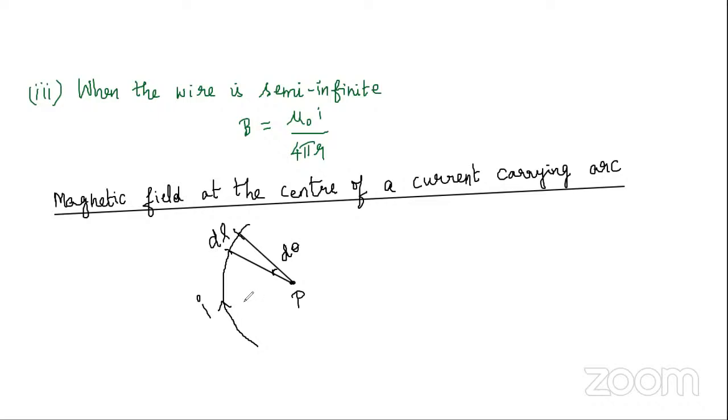The radius of the arc is given by capital R, that is this distance.